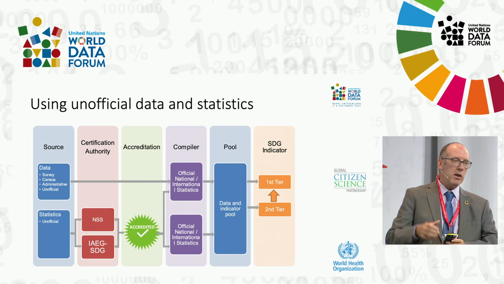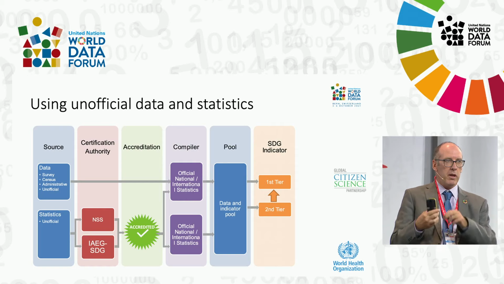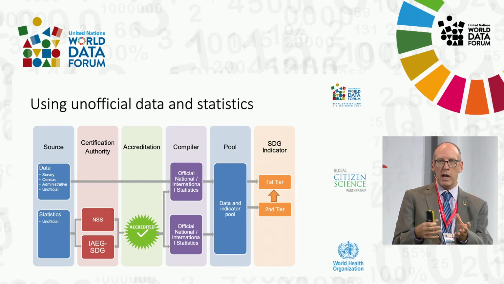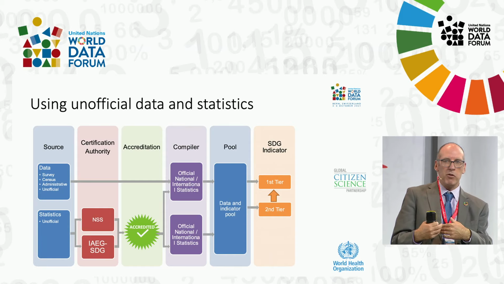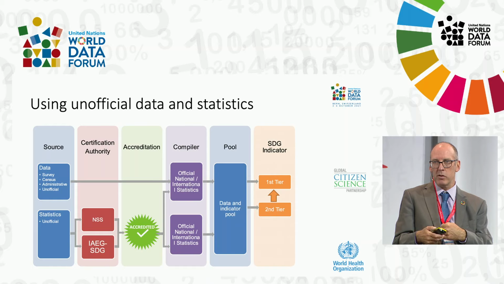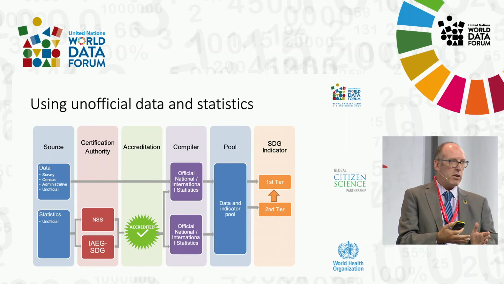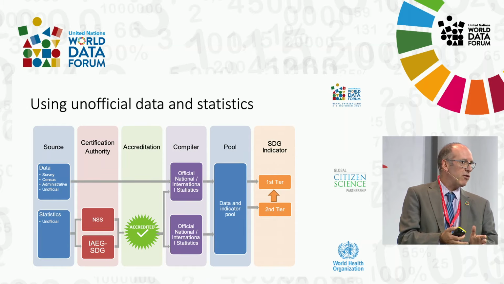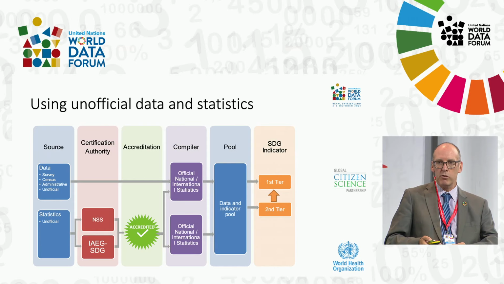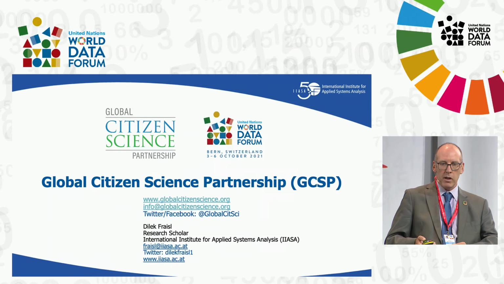The fact that they're now coming together as a partnership brings huge opportunities to explore. They could become an accreditation body themselves, or at least they could establish principles like the FAIR principles and so forth that would make our job as official statisticians a lot easier when we think about how to accredit this information. So I'll stop there.